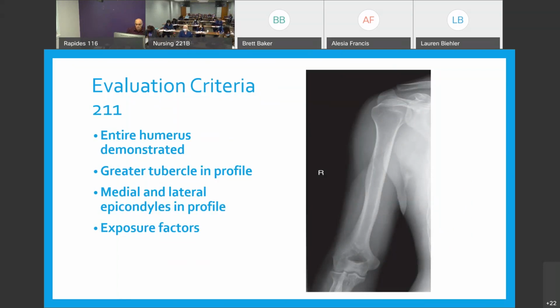So you can go right here and say, okay, that looks like an AP elbow. So I must be looking at an AP humerus, just by what you already know about the elbow. The exposure factors we'll get to. I think there's a chart in here I want to discuss with you in a little bit. Okay, so any questions about this picture, this image? This is an AP humerus.